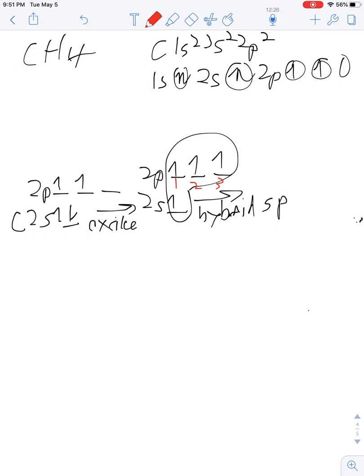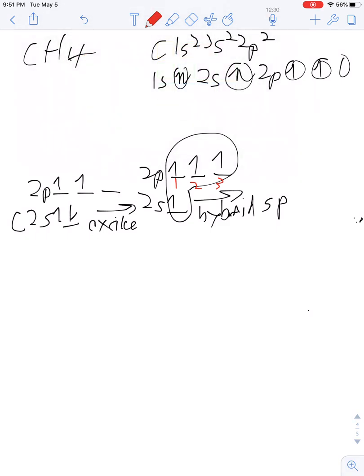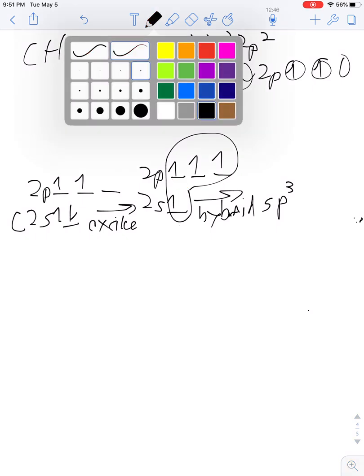Not 3 electrons, but 3 p orbitals. So it becomes an sp3. The total number of orbitals I circled is 4. So I end up with 4 lines.